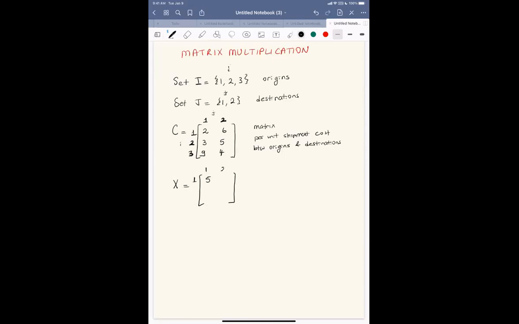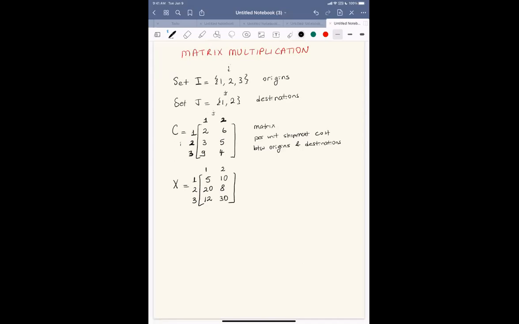And to the second destination, let's say we shipped 10 units. Then moving on to the second origin, we have shipped 20 units to the first destination and 8 units to the second destination. Moving on to the third origin, we have shipped 12 to the first destination, and to the second destination, 30 units.